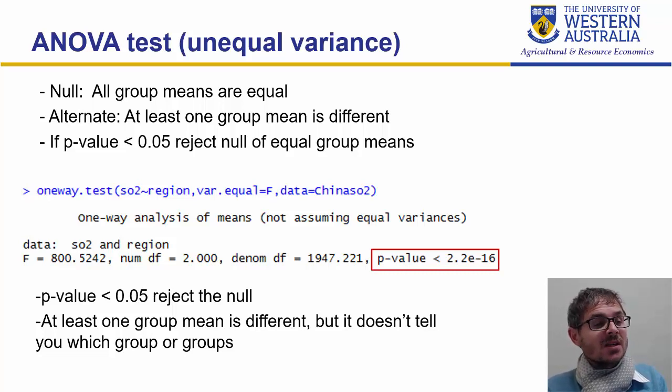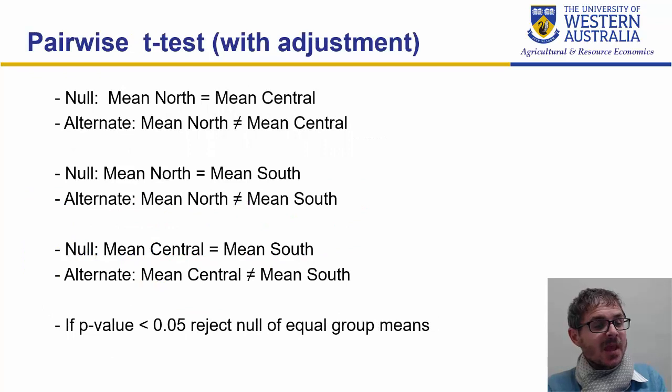How do we find that difference? Well, we use our pairwise t-test function with our controlling the type 1 error rate setting. So these are the three tests that we can have: north is equal to central, north is equal to south, central is equal to south. When we're talking about t-tests, we're talking about differences in the mean.